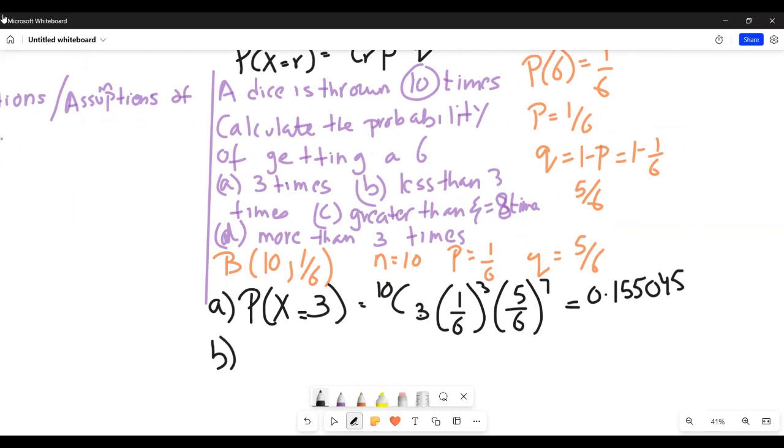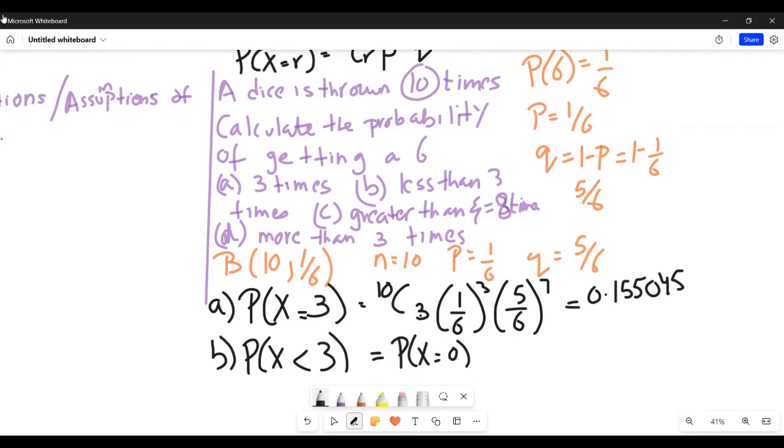that you get a 6 less than 3 times. Probability X is less than 3. Now, these are a few cases. Maybe you don't get a 6 in any one of those 10 throws. So that is probability X equals 0.